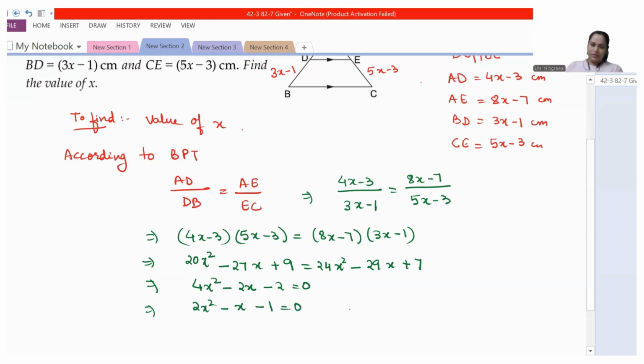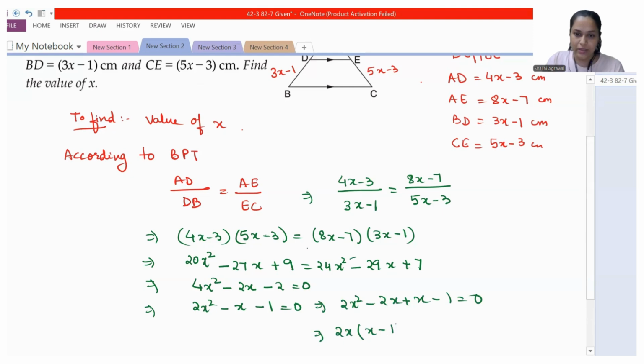Now I'll do the middle term splitting. So on doing middle term splitting, I'll get 2x square minus 2x plus x minus 1 equal to 0, which implies 2x common, x minus 1 plus 1 into x minus 1 equal to 0.